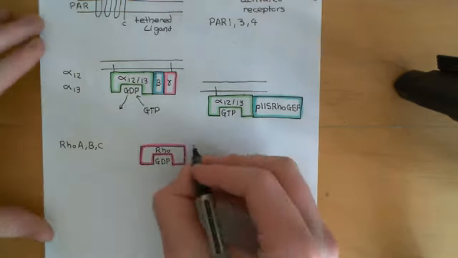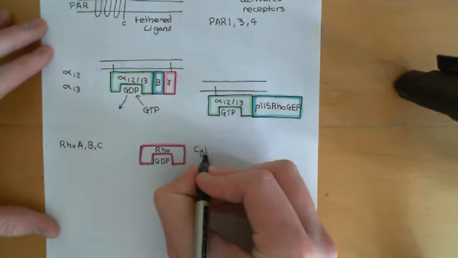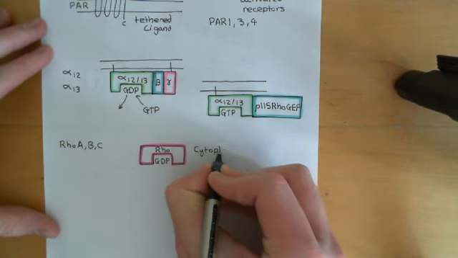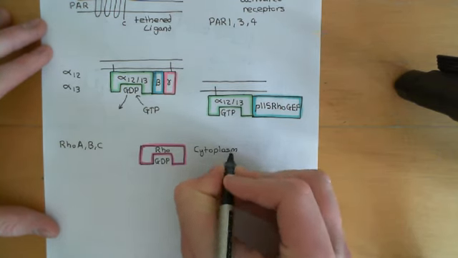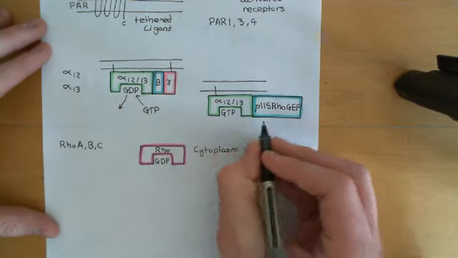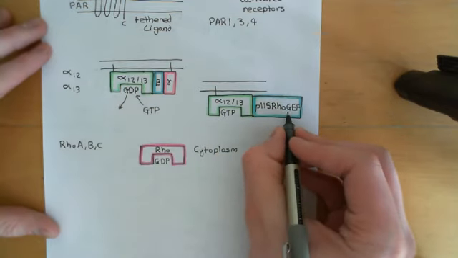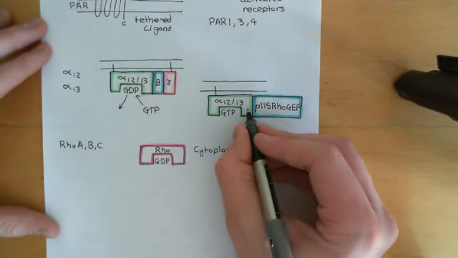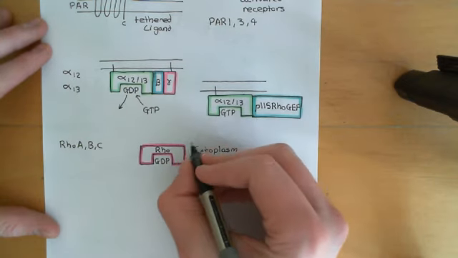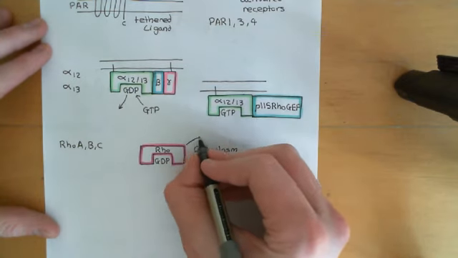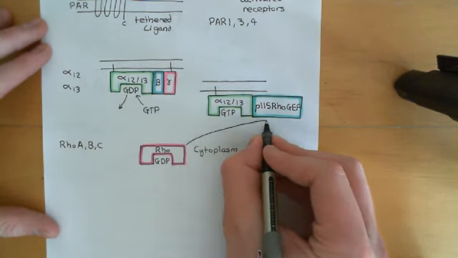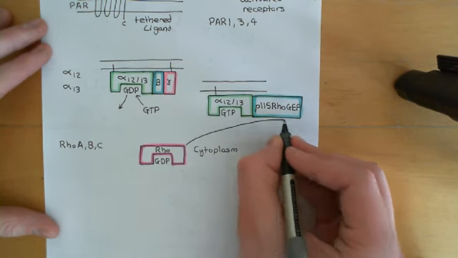So Rho monomeric G proteins in the inactive state here in purple will be within the cytoplasm. And what can happen now is once the p115 RhoGEF is attached to the alpha 12/13 subunit and is therefore active, it can now activate Rho GDP to Rho GTP.